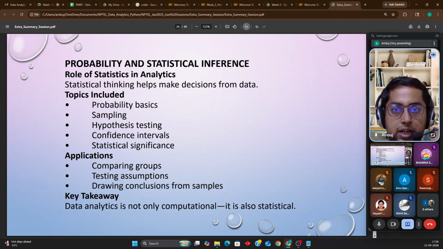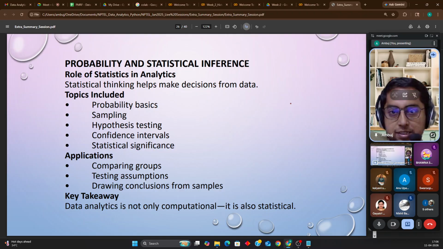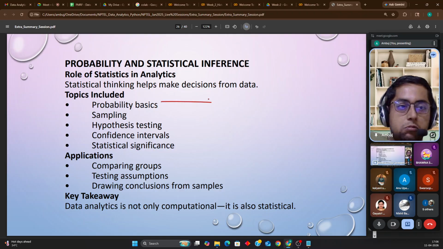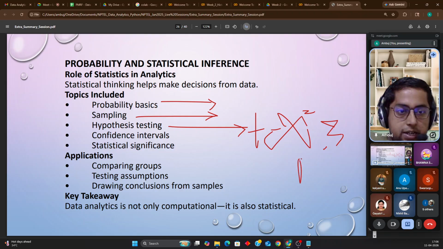Probabilistic and statistical inference you can also calculate on the basis of exploratory data analysis. Probability basics we have covered here, conditional probability questions we have solved. Sampling we have done, hypothesis testing, various tests like t-test, chi-square test, z-test, f-test, we have performed.